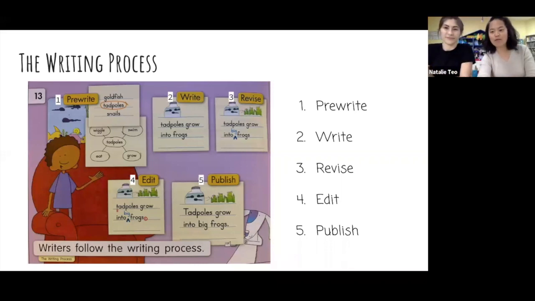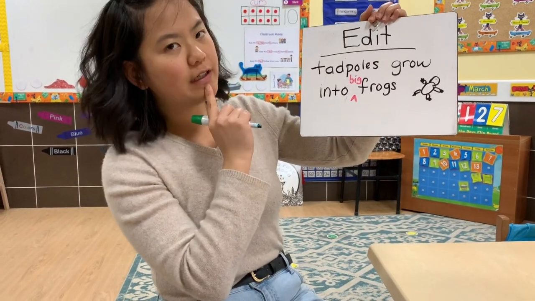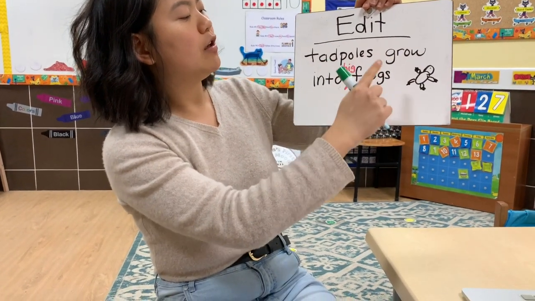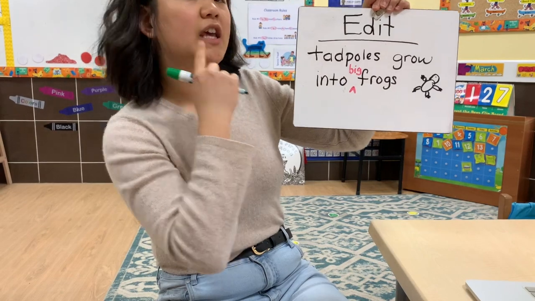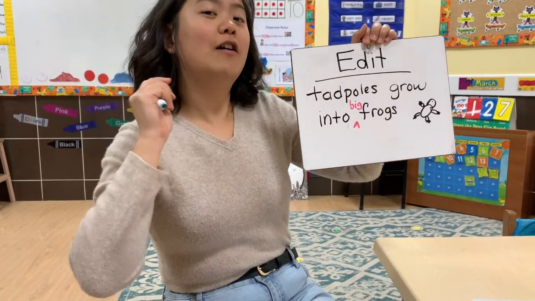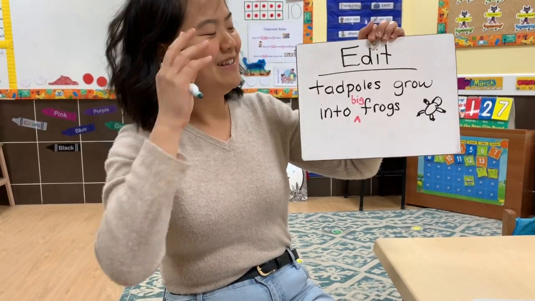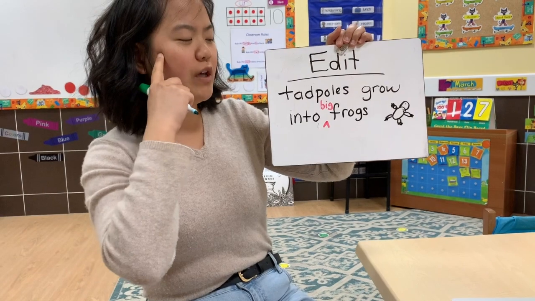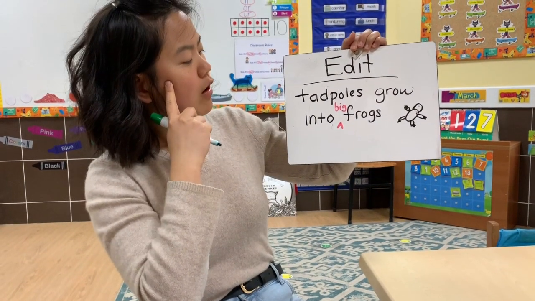And step number 4 is to edit what we've written. So I will look at the sentence. Tadpoles grow into big frogs. If you think back to how we learned about 5-star handwriting, we have to see, what is the first thing we need to do when we look at a sentence?